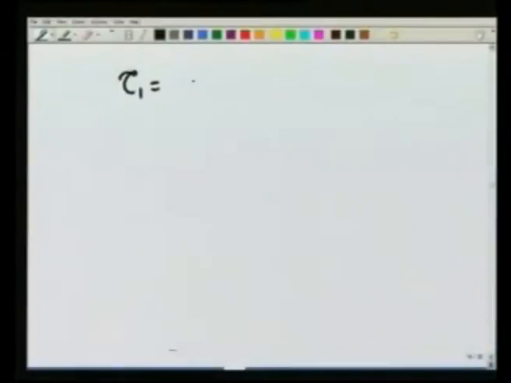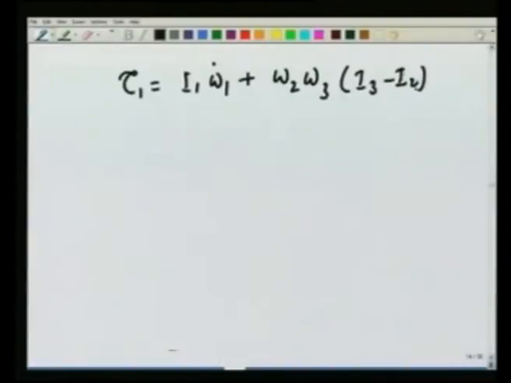Tau 1 equals I1 omega 1 dot plus omega 2 omega 3 (I3 minus I2).